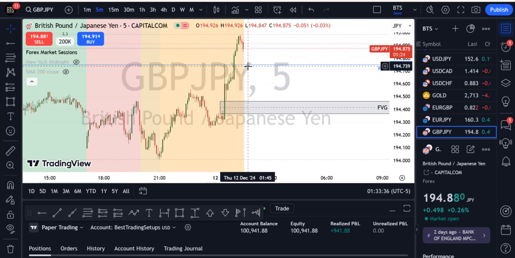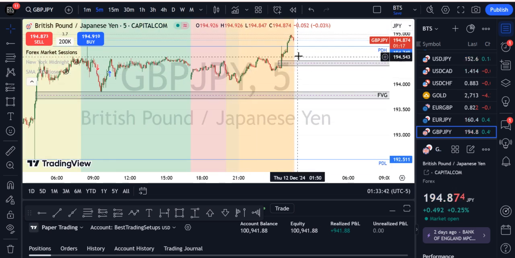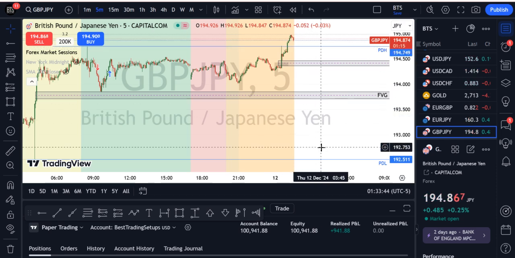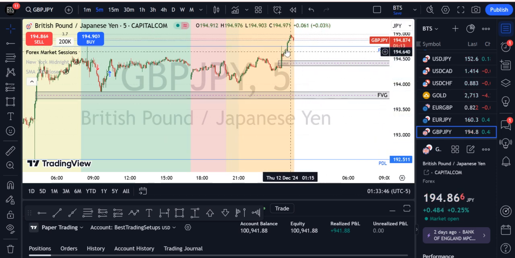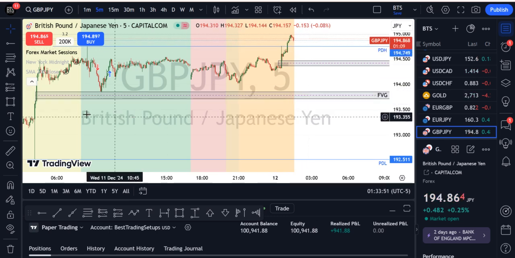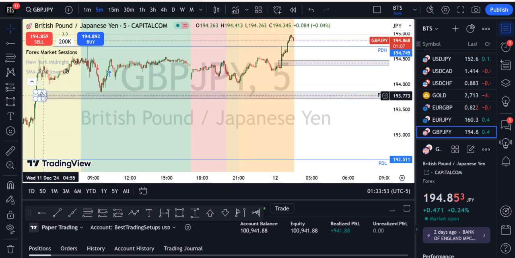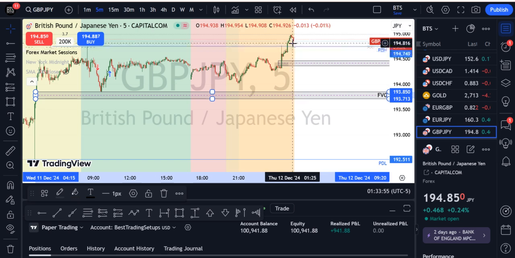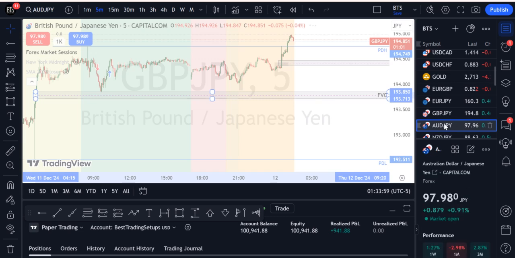If we get a 5-minute close candle under this region, trust me, I'll be selling it all the way down, or selling it down to this fair value gap, this imbalance right here that was made. So I'll be doing that if we get price trading back into that region.